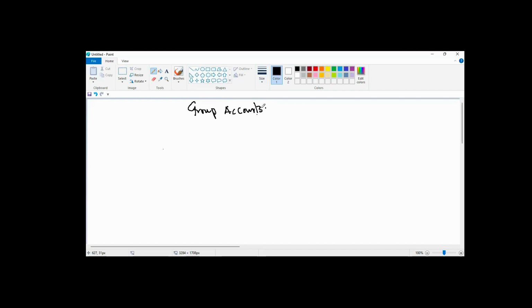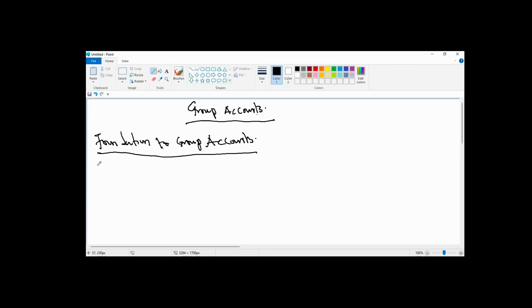Group accounts. These are what we need to know as the foundation to group accounts. One, definition of terms.